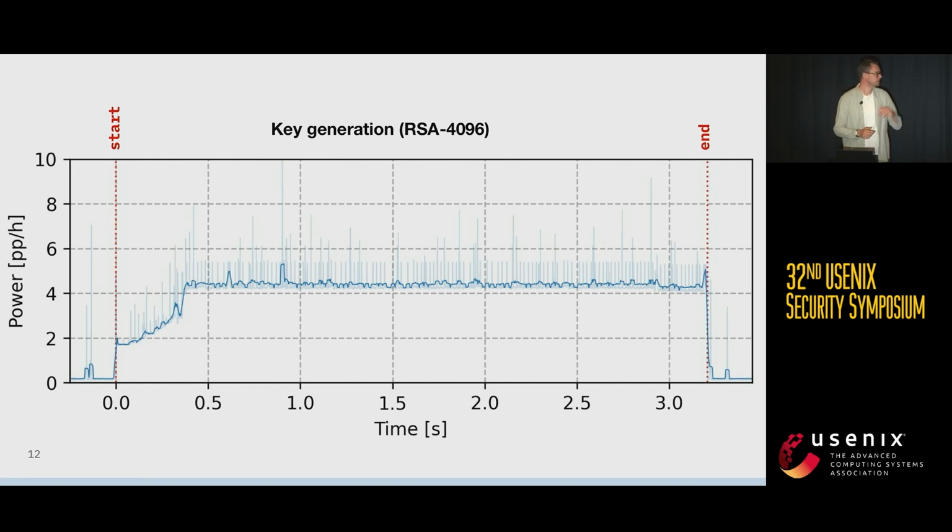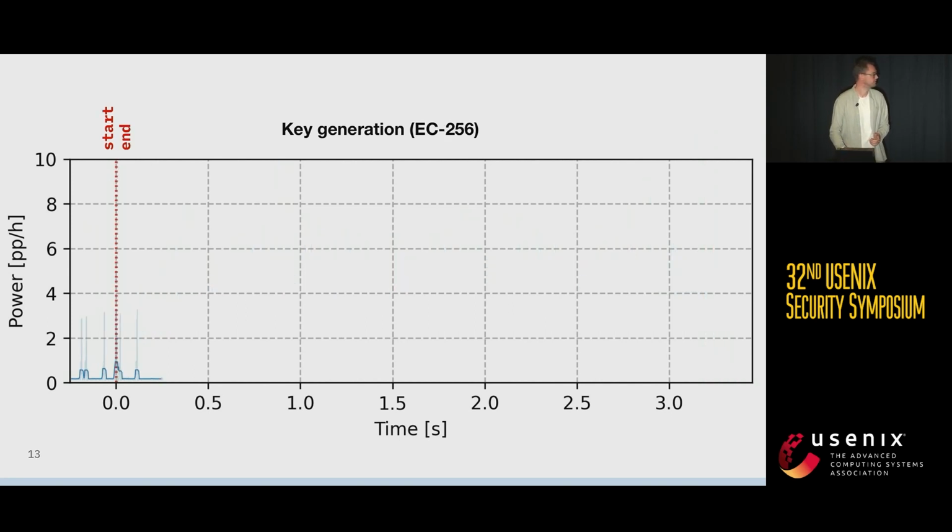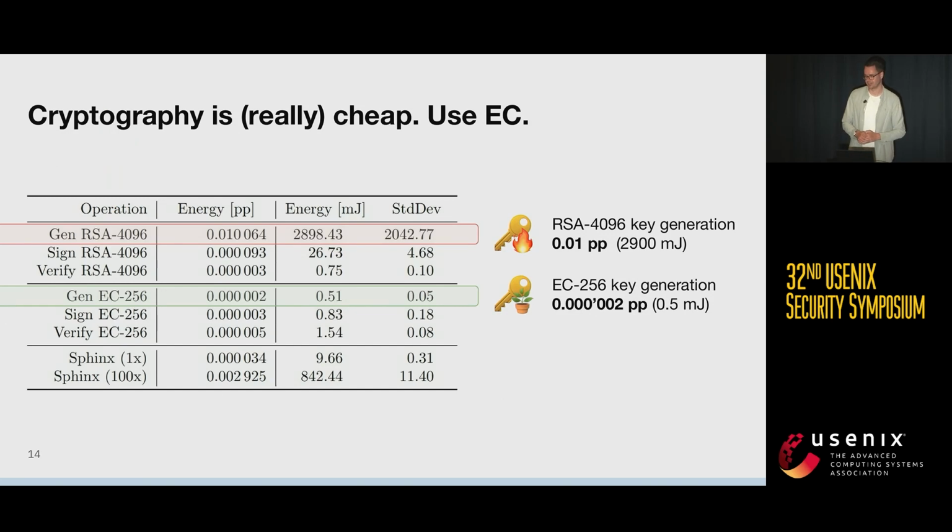And what you hopefully also take away from this is that for any computational task, runtime is a good linear proxy metric for the overall energy consumption. And if we compare this, for instance, with elliptic curve, the key generation there is way more deterministic and way faster. And actually, what I showed you with the RSA key generation is a bit of an outlier.